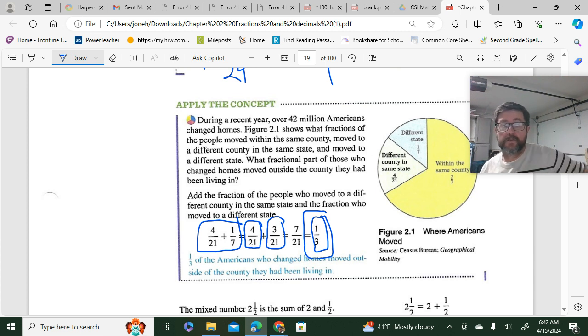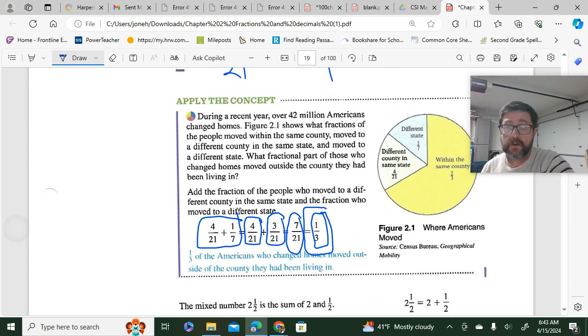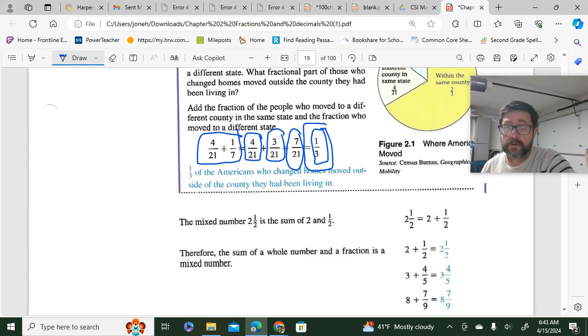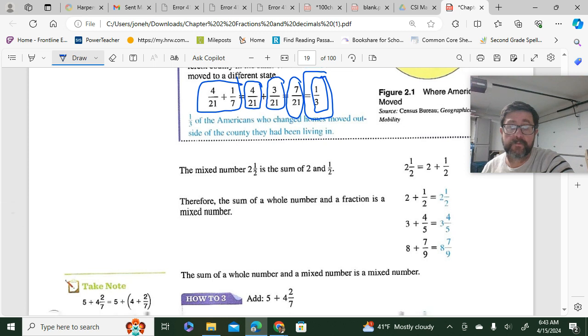So it doesn't even worry about the 7/21s because it's going to tell you what the fraction is in lowest form. So you don't have to do any of that.